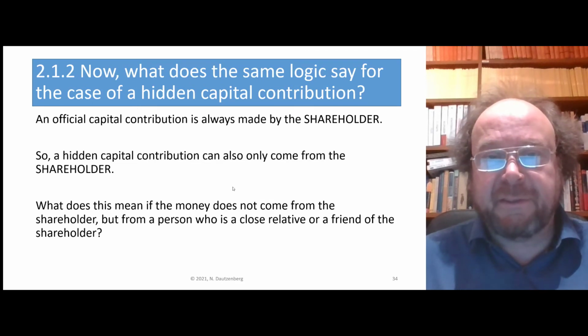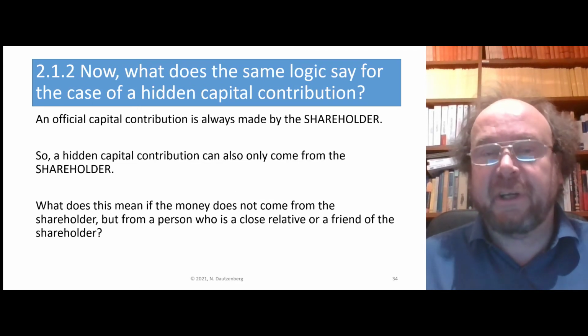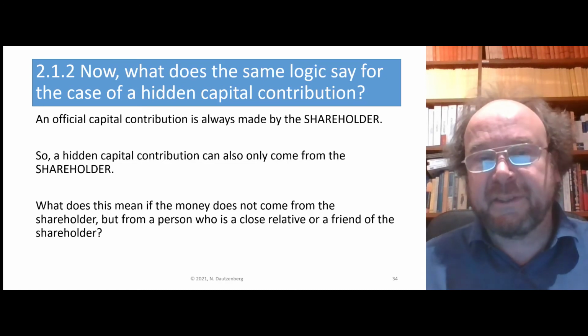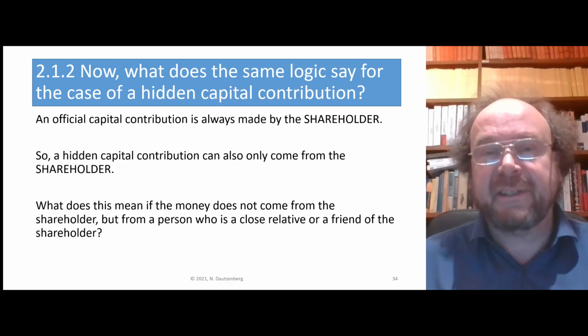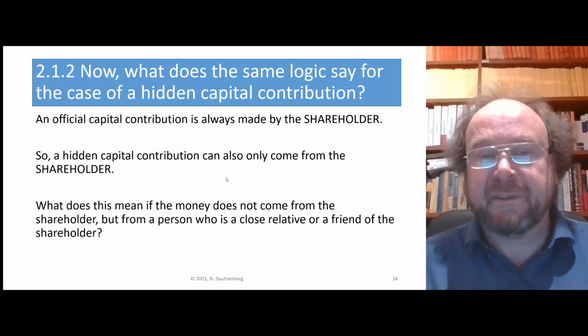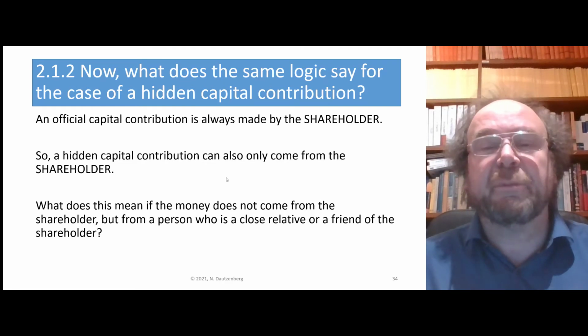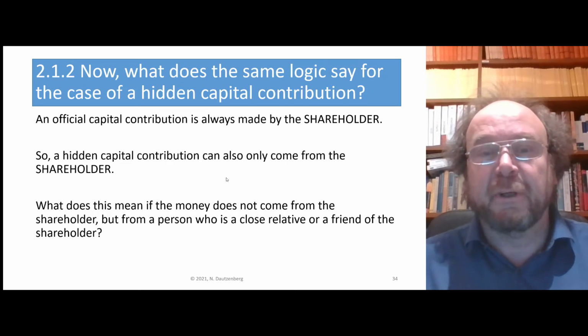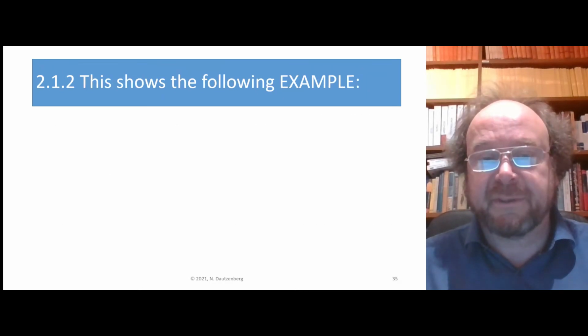The close friend or relative wanted to do the shareholder a favor and give him as a gift the money which the shareholder needs to keep his or her company alive. So that is what we have to reconstruct behind a hidden capital contribution, where the money comes not from the shareholder himself or herself, but from a related person.